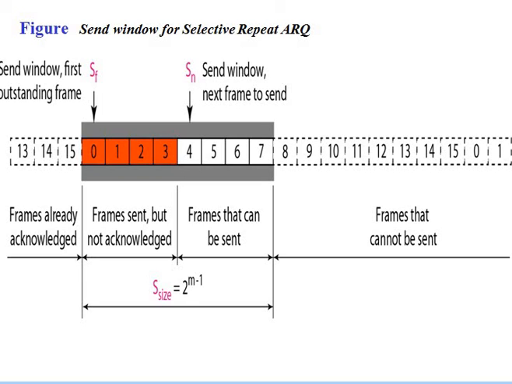Second region, frames sent but not yet acknowledged. Third region, frames that can be sent, and the fourth one is frames that cannot be sent. And the size of the window is 2 raised to m minus 1. So here the size of the window is just 8, not 16.